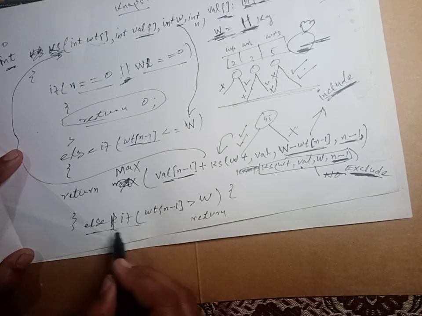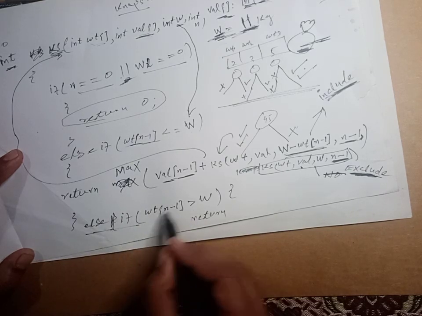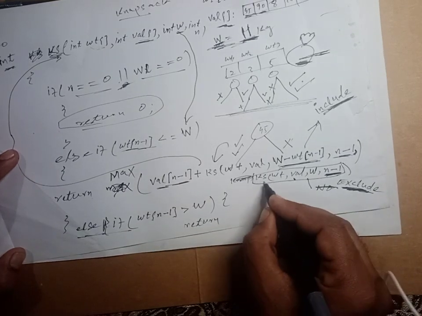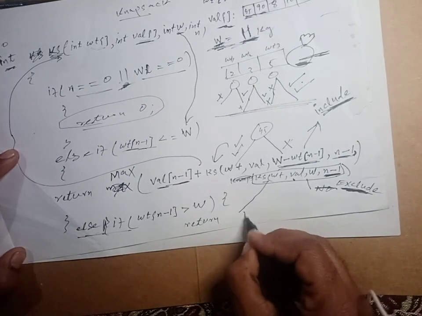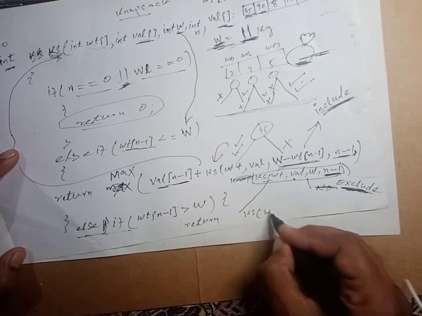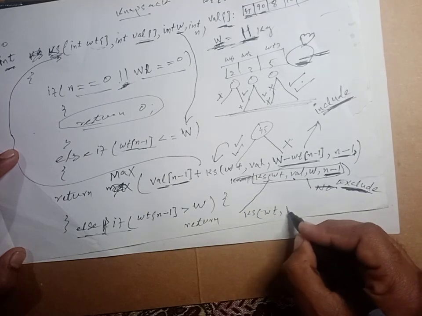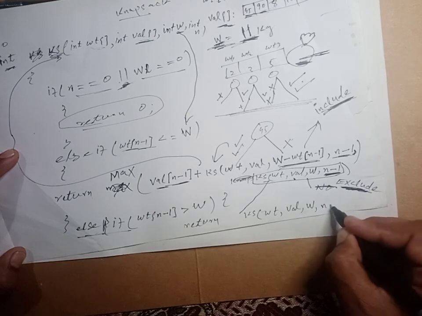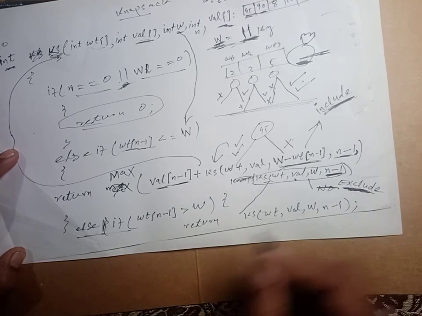So now we come to this point, if the weight of an individual item is greater than W, return simply this one, ks, reduce the size of the array, and weight remains the same, n minus 1. So this is also a recursive call.